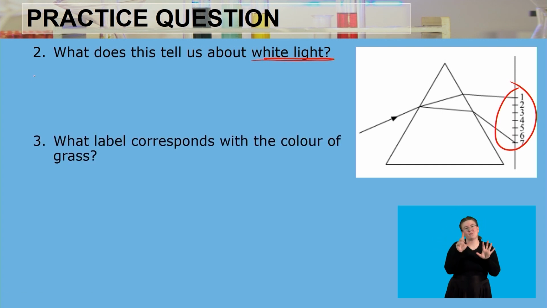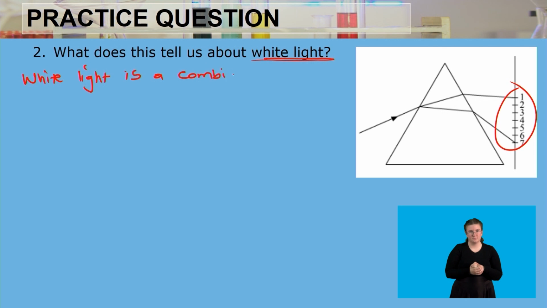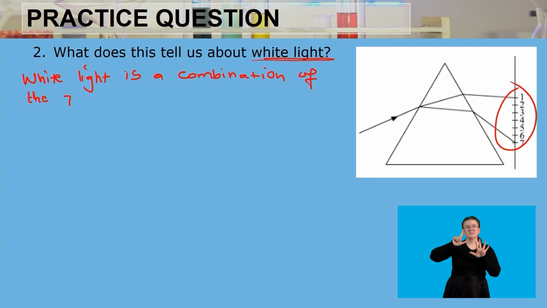So white light, this tells us that white light is the combination of the 7 colors of the visible spectrum.